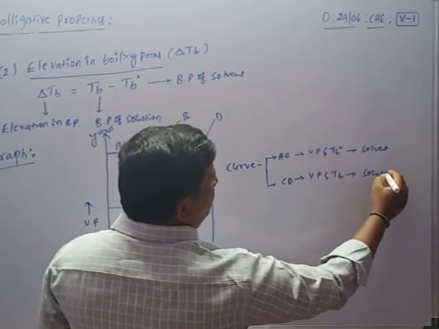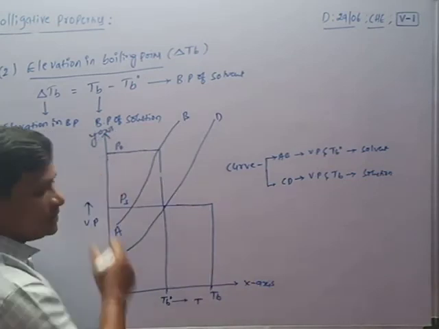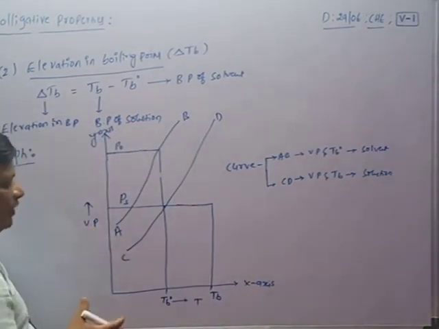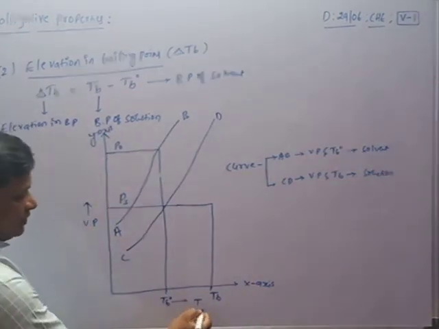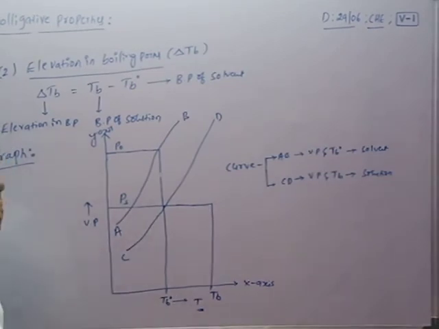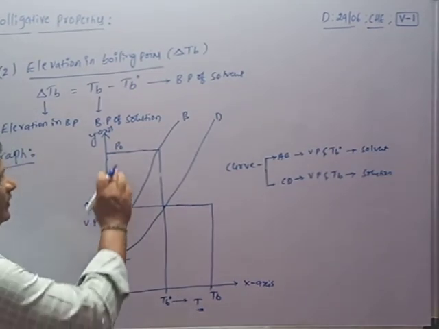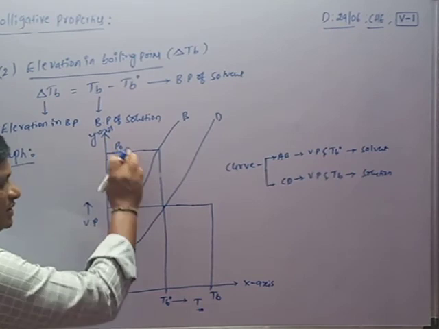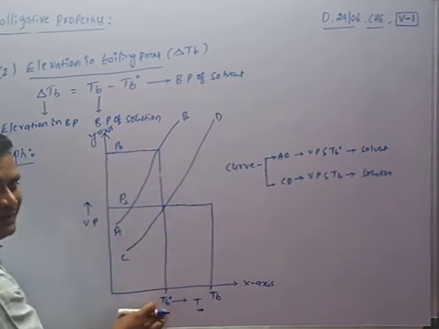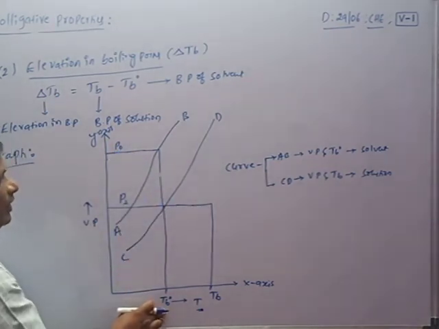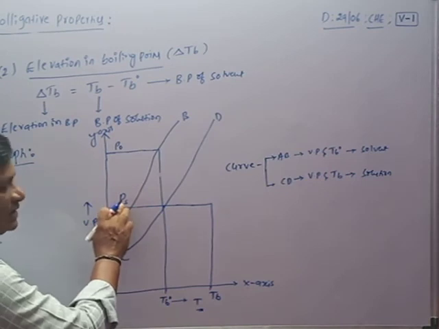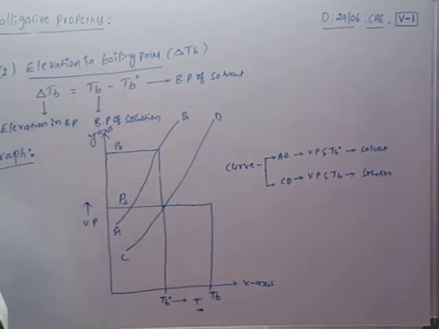So this is the graph between temperature and vapor pressure. It means the pure solvent has more vapor pressure and a lower boiling point, while the solution has less vapor pressure but a higher boiling point.